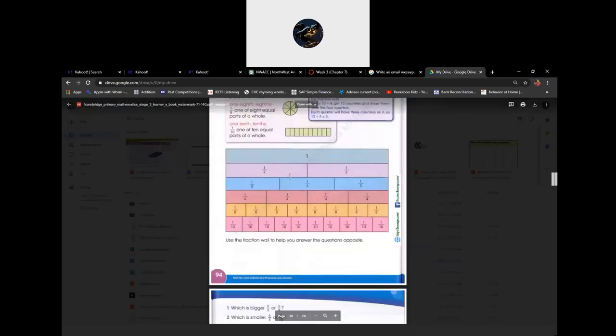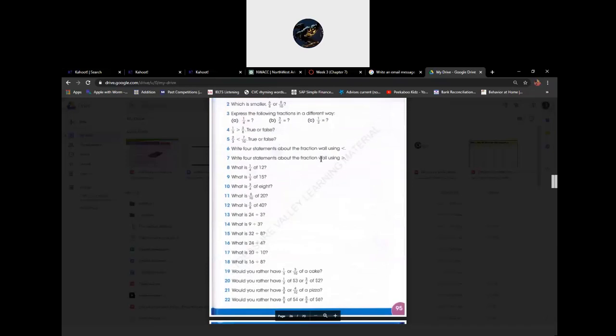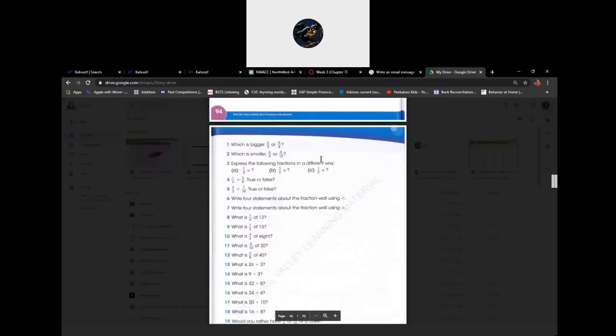And then this stuff equals 1. So 10 1/10s equals 1. 8 1/8s equals 1. 4 1/4s equals 1. 3 1/3s equals 1. 2 halves equal 1.